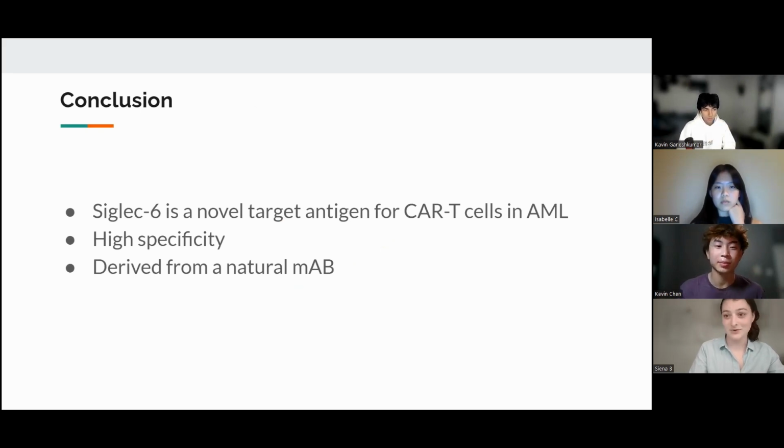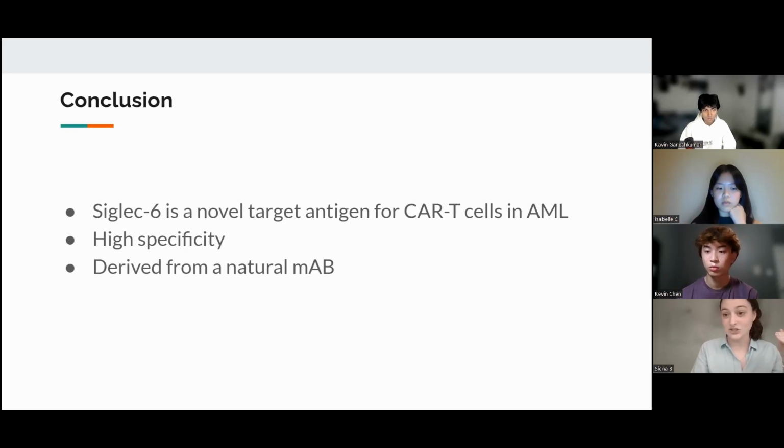It's also important to note that this is obviously Siglec-6, so there were 1 through 5. For 2 and 3, they were notably not as specific, and it might have killed the normal blood cells in hematopoiesis, processes that would have a similar effect as chemotherapy and radiation, which is bad.